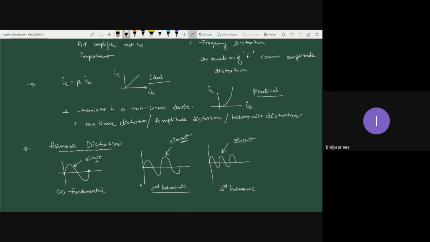Now, due to the presence of this second order and third order harmonic, the actual output waveform, this is your V naught actual, will be something like this. This is called amplitude distortion.